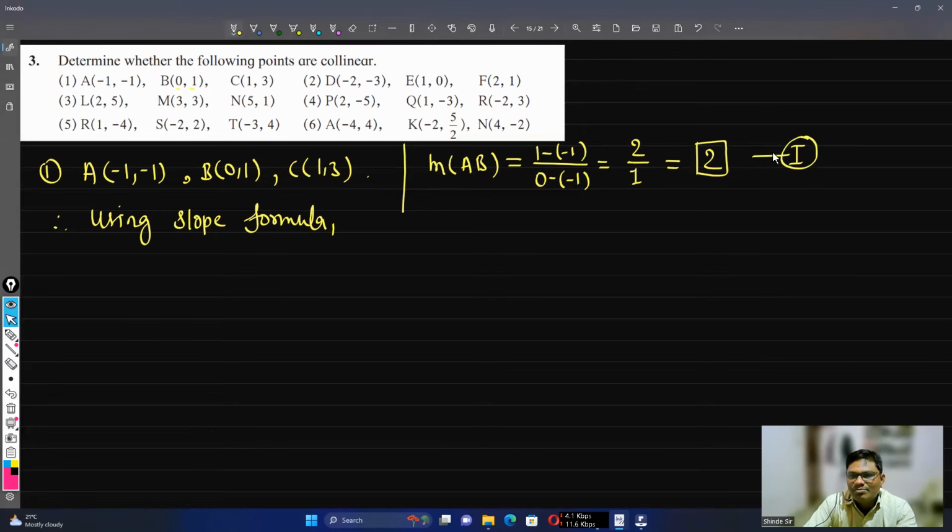And we will write number 1, and this will become our statement number 1. And now let's find the slope of either BC or AC.